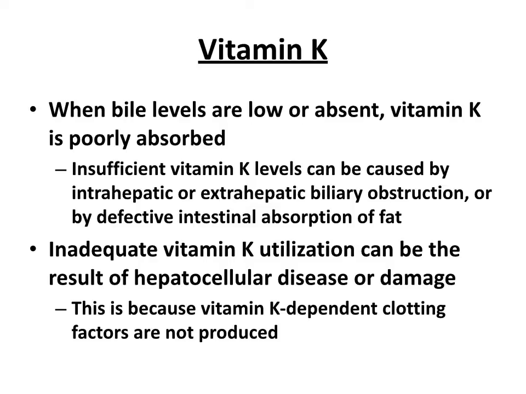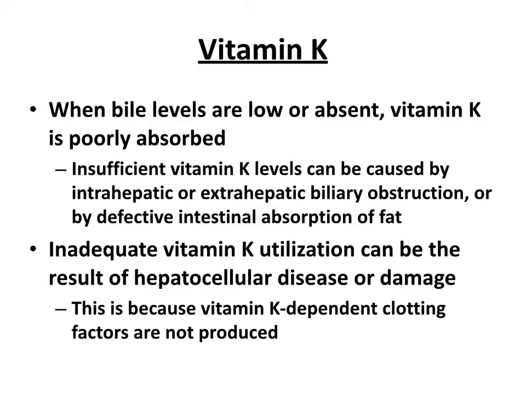Okay, so inadequate vitamin K can happen, and since a lot of this coagulation factor activity is occurring at the level of the liver, if somebody has liver issues, like intrahepatic or extrahepatic biliary obstruction, or liver dysfunction, then their vitamin K is not going to be able to stimulate coagulation factors as well as it could.